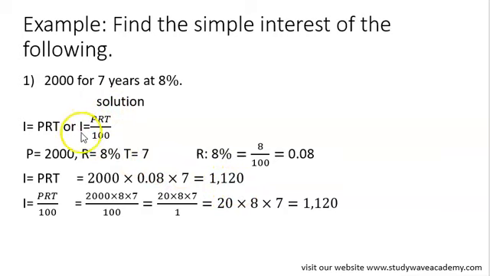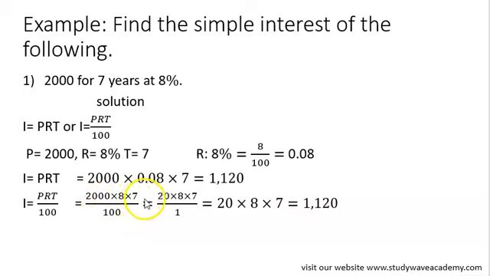We can also use the other formula, I equals PRT over 100. We first put in our numbers. P is 2000, times R 8, times T 7, over 100. The 100 is there because of the percentage. We use the cancellation method: we cancel 0 and 0, then the second 0 and 0.